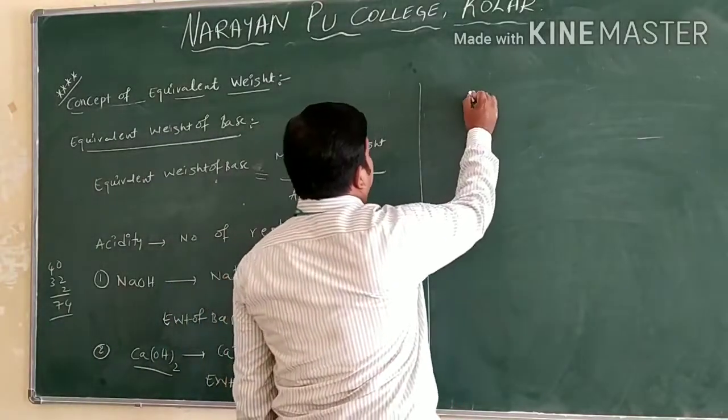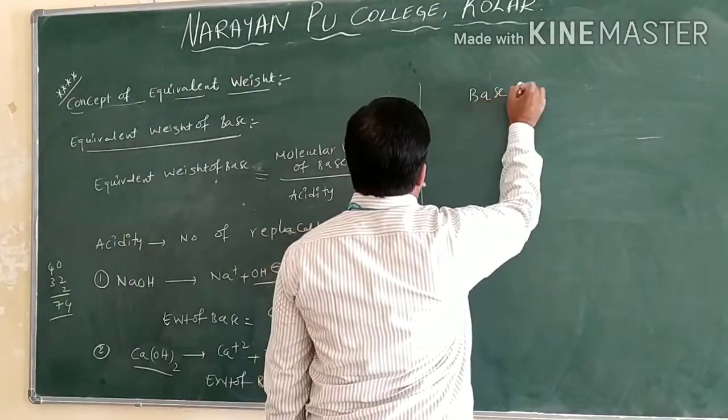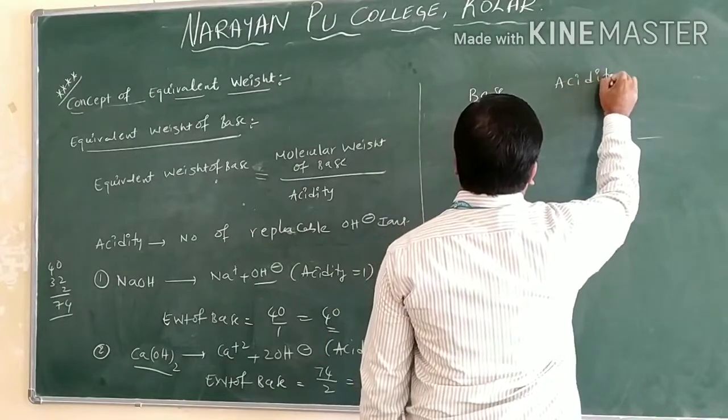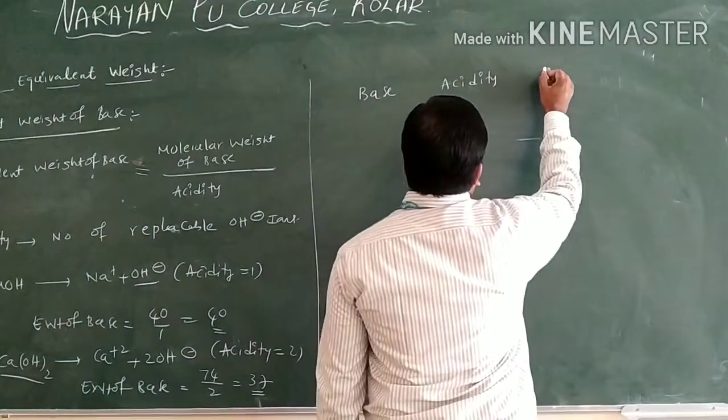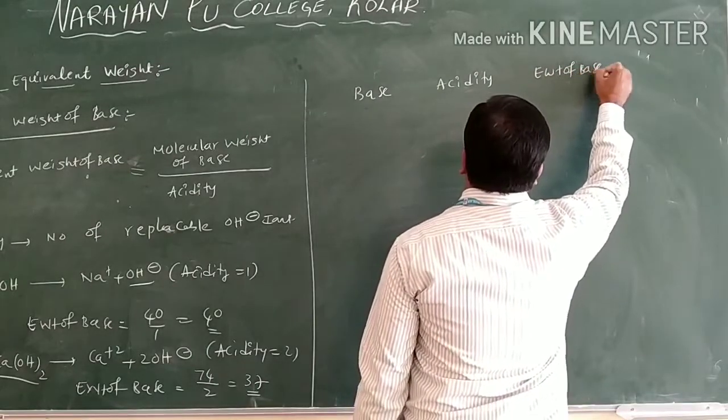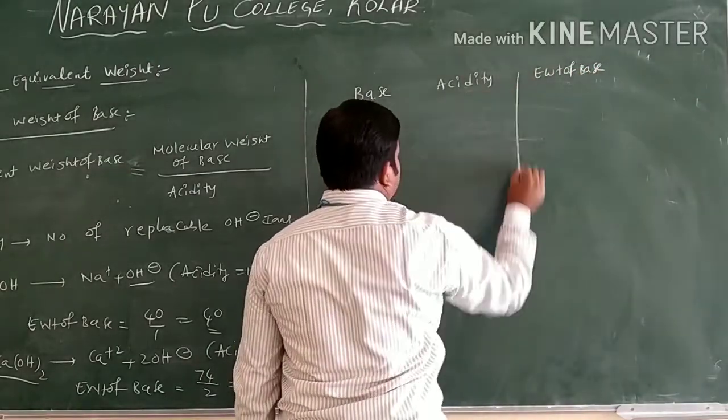So I'll draw one table here, base, and you can take acidity, and you can write here equivalent weight of the base only.